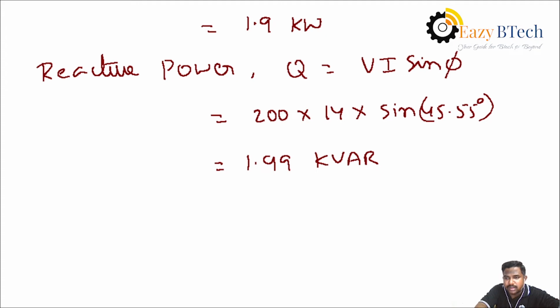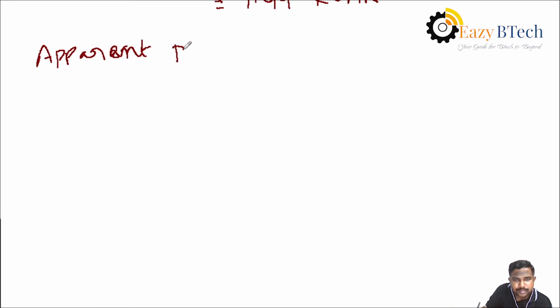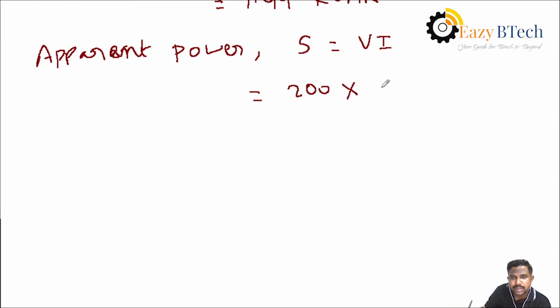Hence, after finding the second power, reactive power, we have to find out the third power, that is apparent power, which is denoted by S. The formula is V into I. That is, the value of voltage is 200, the value of current is 14.